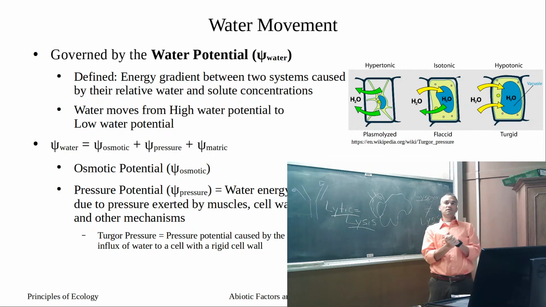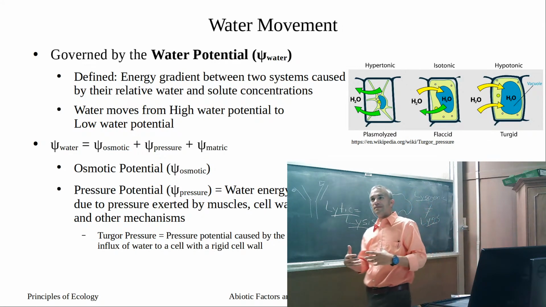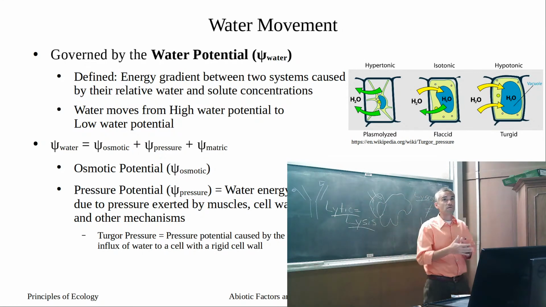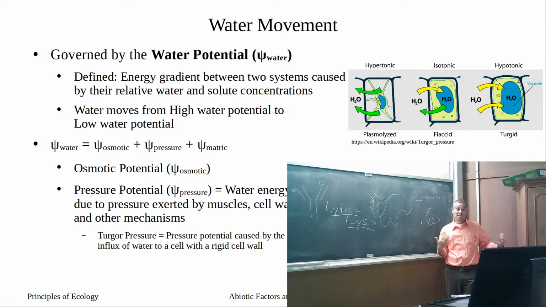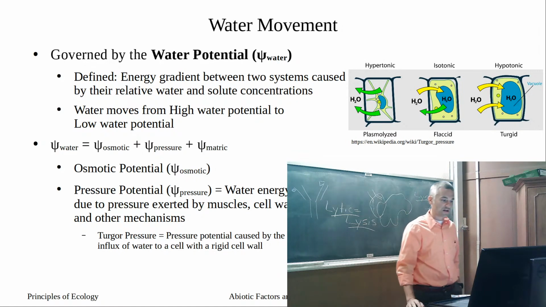That pressure can affect how water can move in, because if water's moving into a system and it hits a pressure that's too high, it's going to stop moving, even though the salt concentration says you need water, you need to keep coming into the cell. The pressure is going to counteract that. It's like a balloon. The more air you put into the balloon, the harder it is to continue increasing. That's the same idea with this pressure potential.